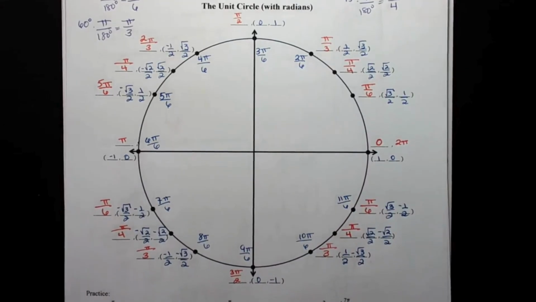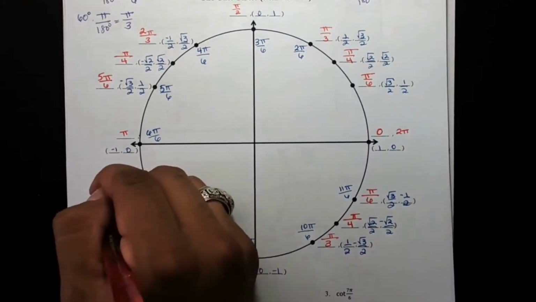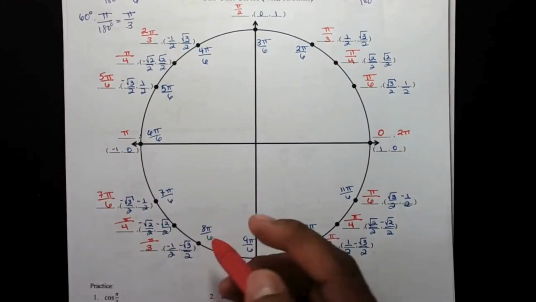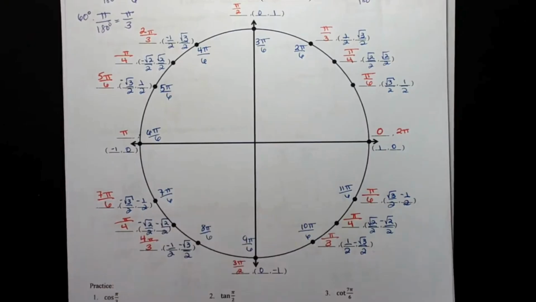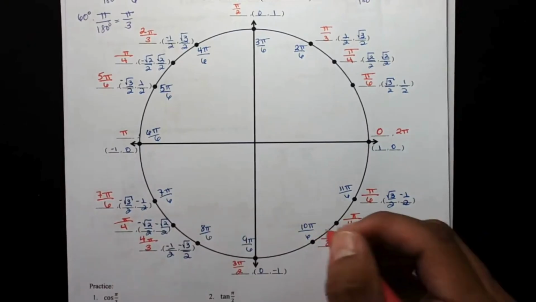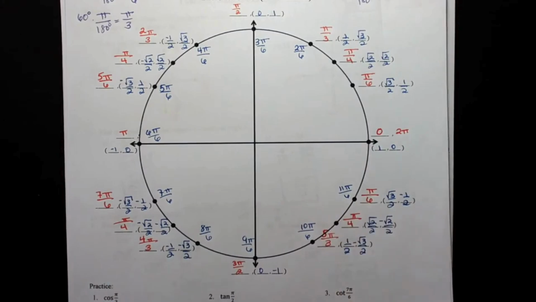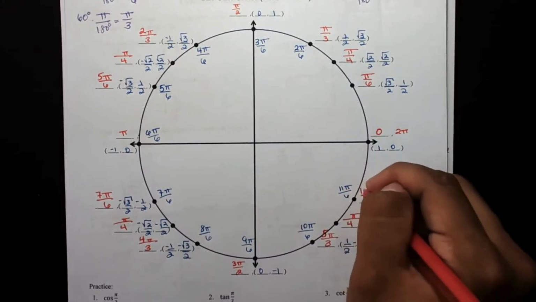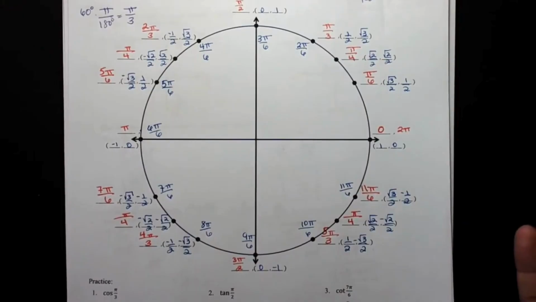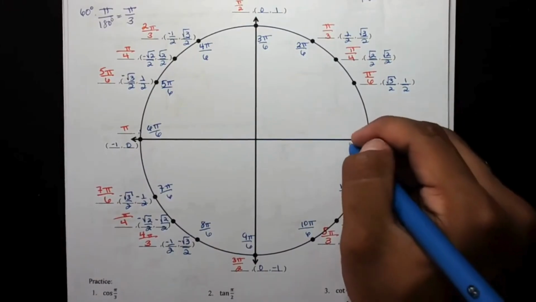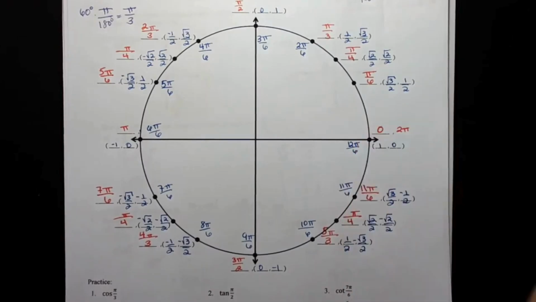Well, 7 pi over 6 doesn't reduce, so that's going to stay there. 8 pi over 6 reduces to 4 pi over 3. 10 pi over 6 reduces to 5 pi over 3. And 11 pi over 6 just stays 11 pi over 6. It doesn't reduce. And you can kind of say, oh, well, this is 12 pi over 6, which, yes, is 2 pi.